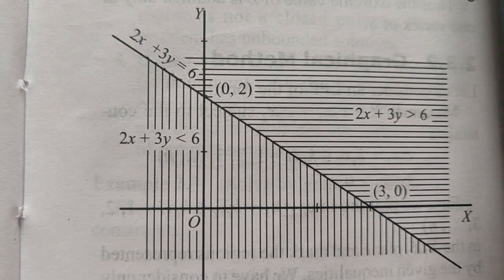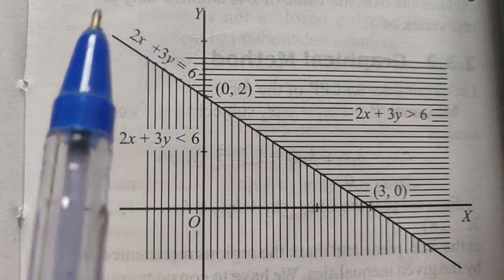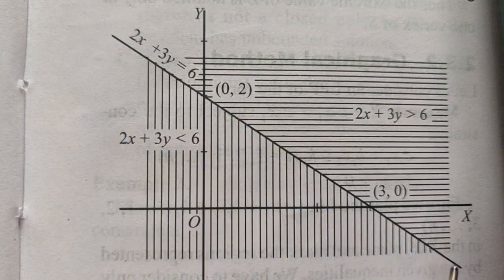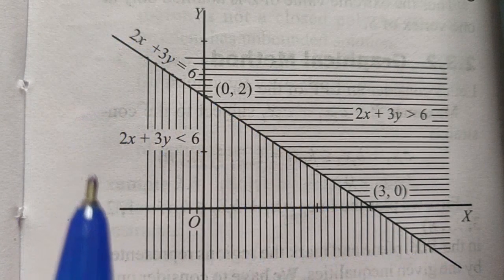For example, let us consider the equation 2x plus 3y is equal to 6. So this is your xy plane, and this is the straight line 2x plus 3y is equal to 6.